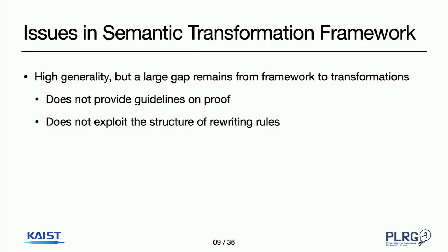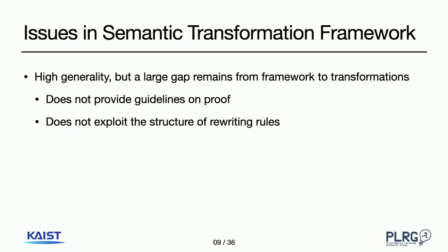Although it can express general transformations, there is still a gap from the framework to concrete transformations. Although some example transformations are formulated in the semantic transformation framework, generally it does not have guidelines to prove the syntactic and semantic equivalence of the transformation.